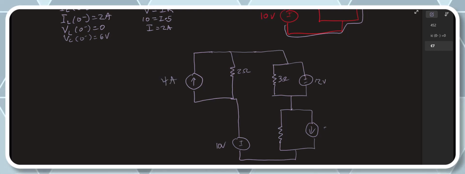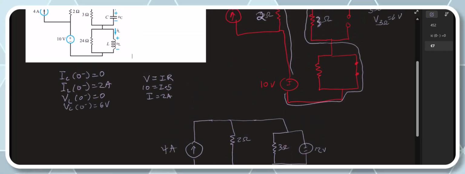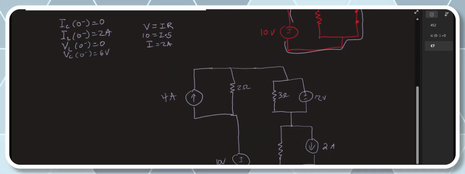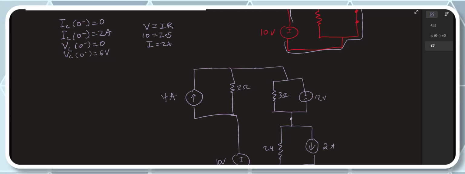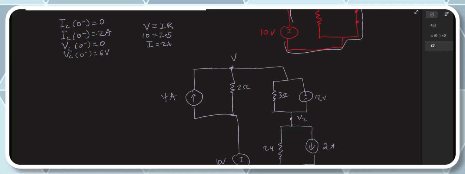This is going to act as a 2 amp current source, and that resistance is 24. So we'll put V right there, and I'll put V2 right there. And this is not 12, this is 6.